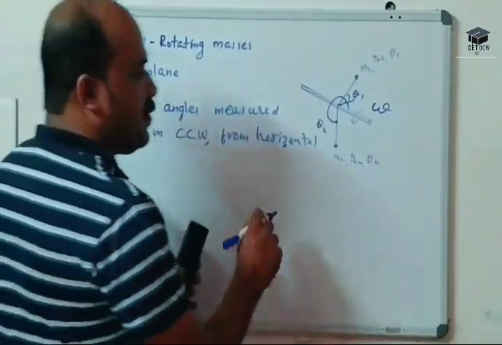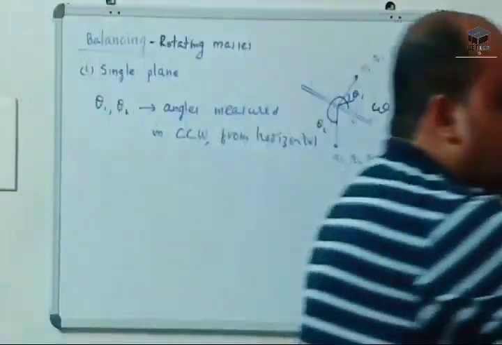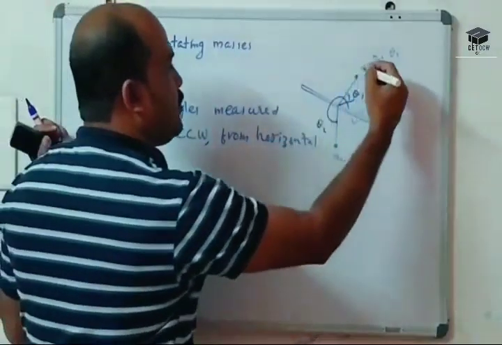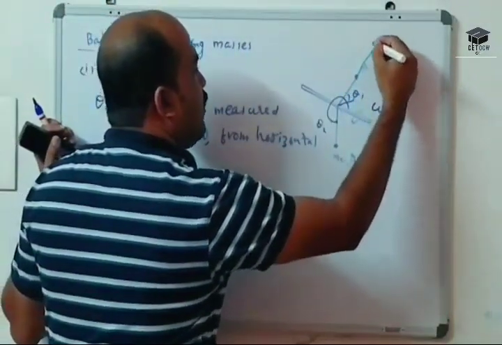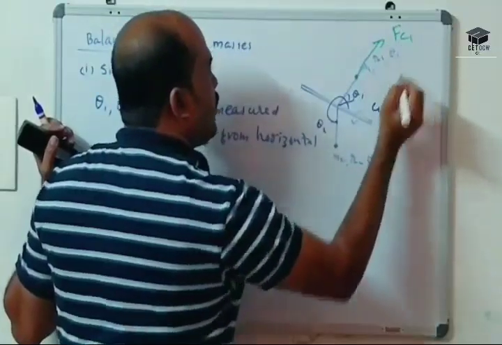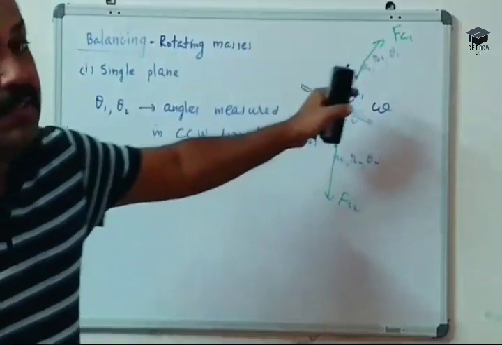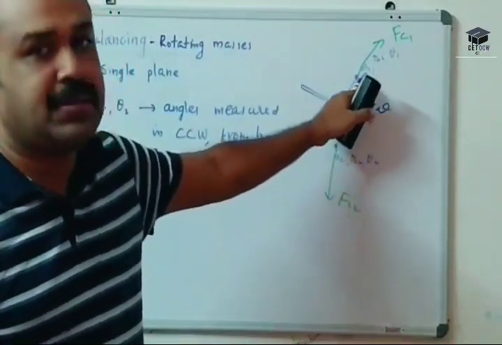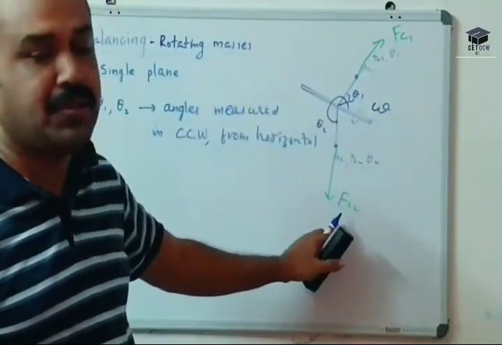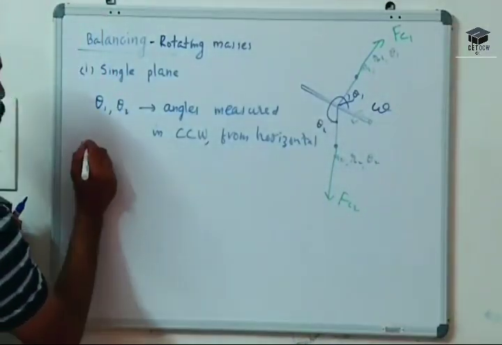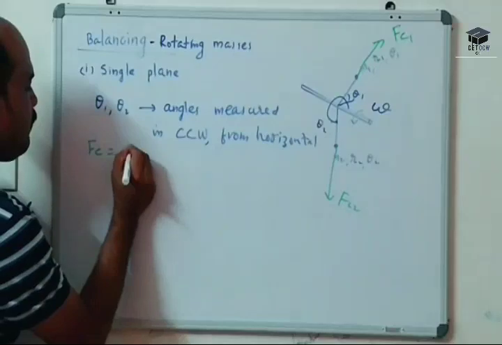We know that when some object is rotating, it will experience centrifugal force, which is in the radially outward direction, Fc or Fc1. So Fc1 is the centrifugal force due to mass m1 and Fc2 is the centrifugal force due to mass m2. We know the equation Fc is equal to m v square by r.